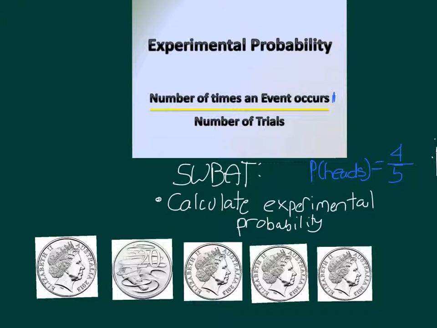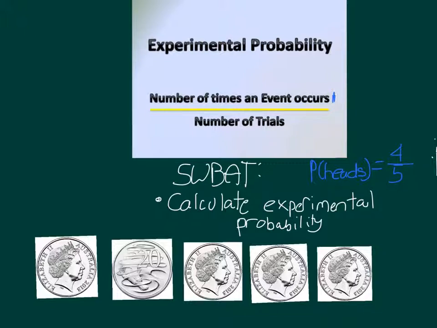So the theoretical probability does not need to equal the experimental probability, okay? Just because the experimental probability is 4 over 5 doesn't mean the theoretical probability is 4 over 5. Just because the theoretical probability is a half doesn't mean the experimental probability will be a half.